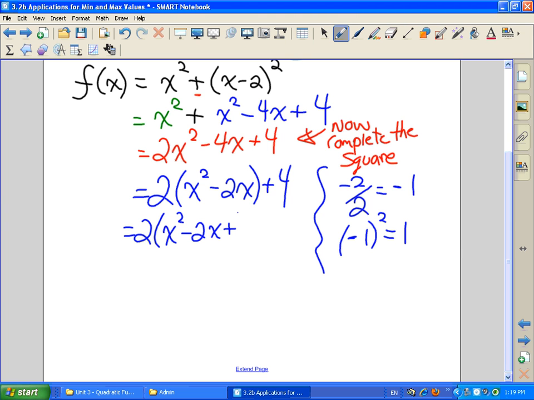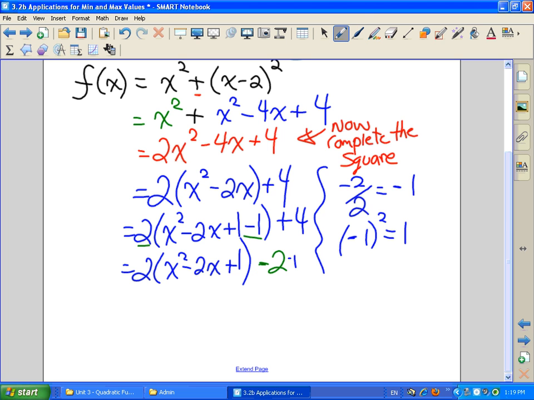Okay, so we're going to go plus 1, minus 1. Okay, let's leave the first three terms in and remove the fourth term, which is that negative 1, out. Just remember it's affected by the a, which is 2, so this becomes negative 2 plus 4. Okay, and now we can complete the square.